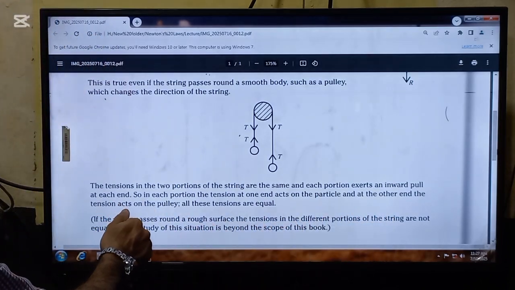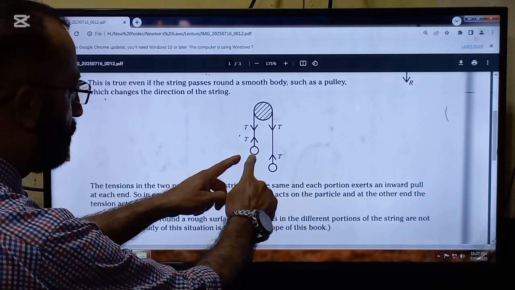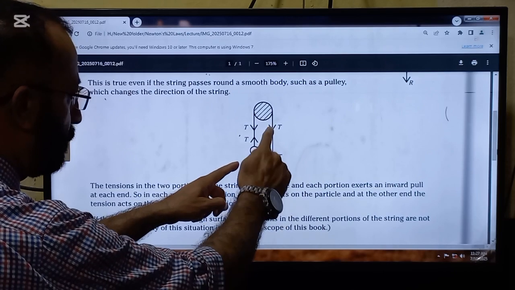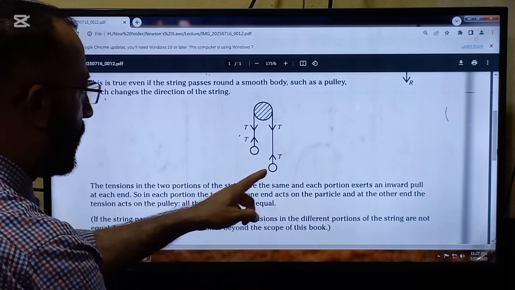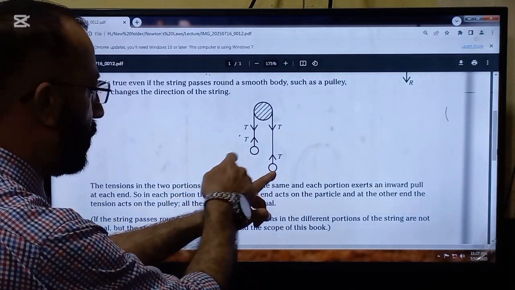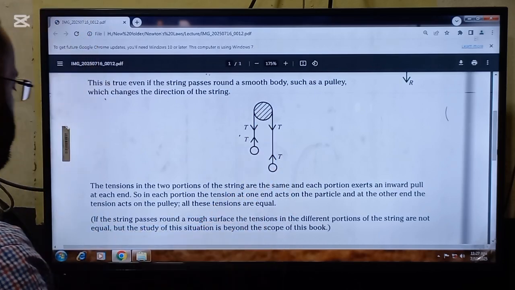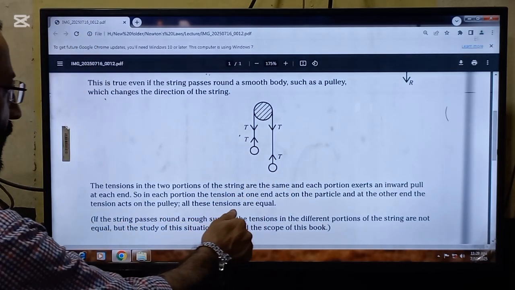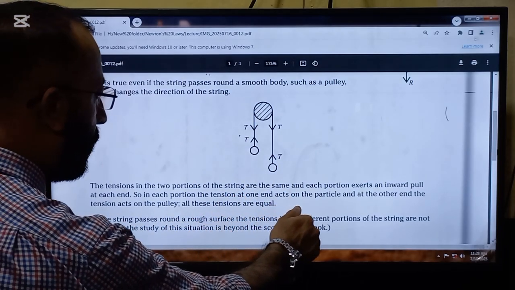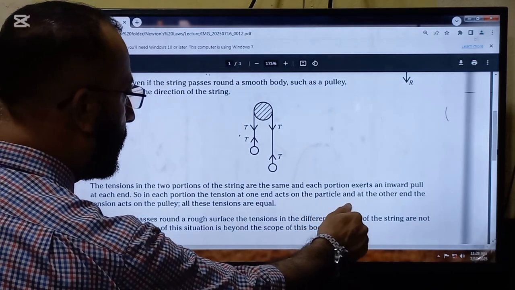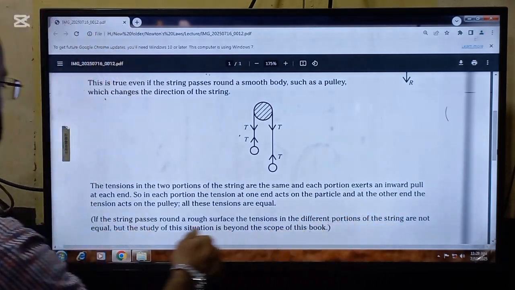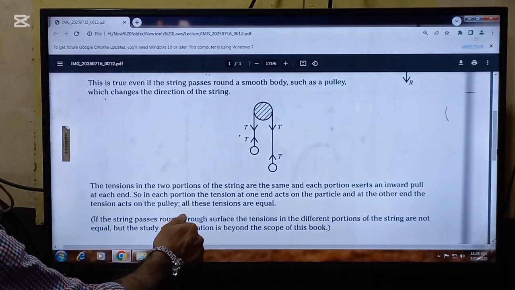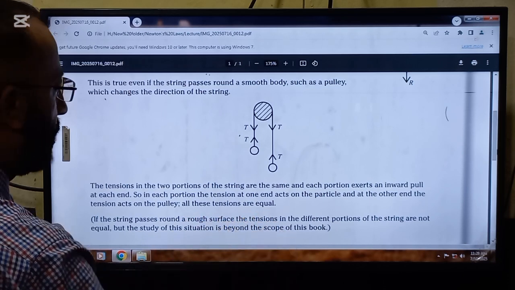So this body is pulling this body through this tension, and this body is pulling this body through this tension. In each portion the tension at one end acts on the particle, and at the other end the tension acts on the pulley. All these tensions are equal.